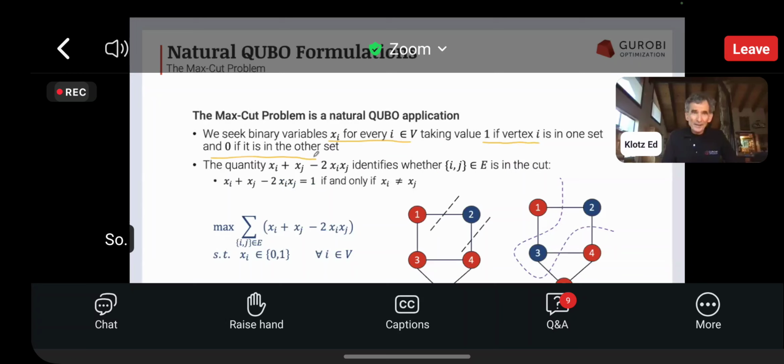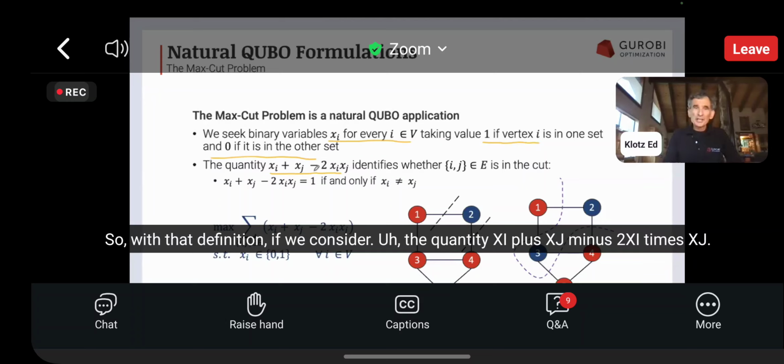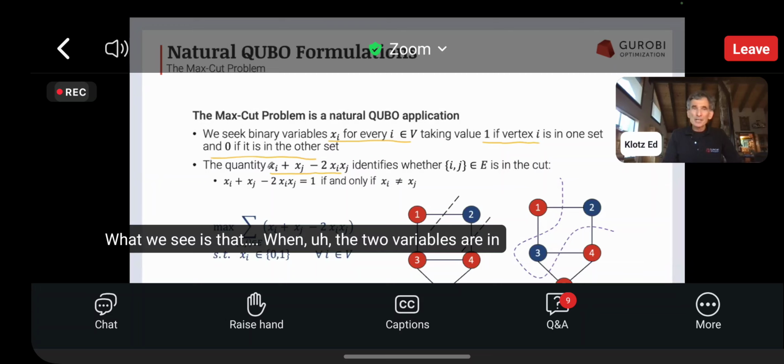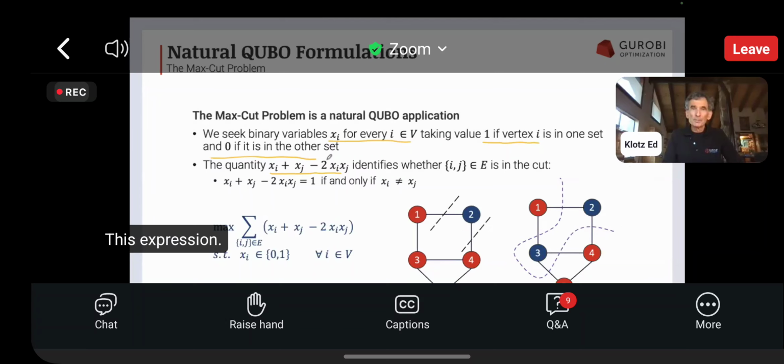So with that definition, if we consider the quantity xi plus xj minus 2xi times xj, what we see is that when the two variables are in the same set, i.e. they're both either 0 or 1, this expression evaluates to 0.